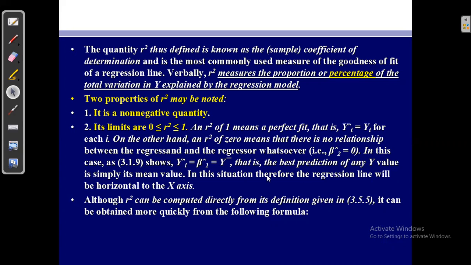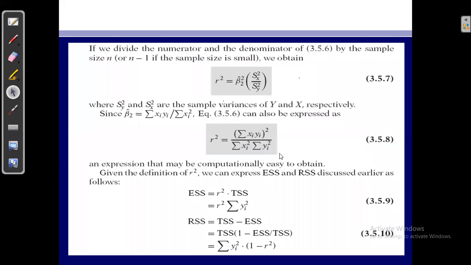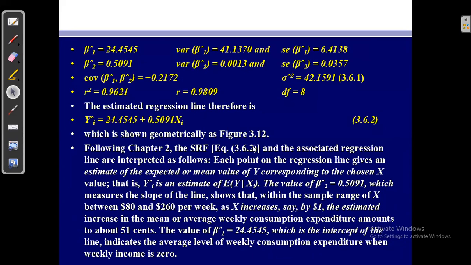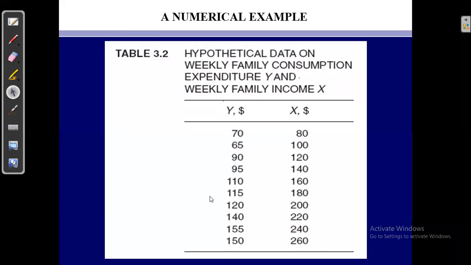For a layman, usually we multiply the value of R square with 100, and then we say how much percent of the total variation in Y is explained by X, right? So if you look at the results that we had considered in our previous lecture, we took this data and used it to obtain our results, okay?